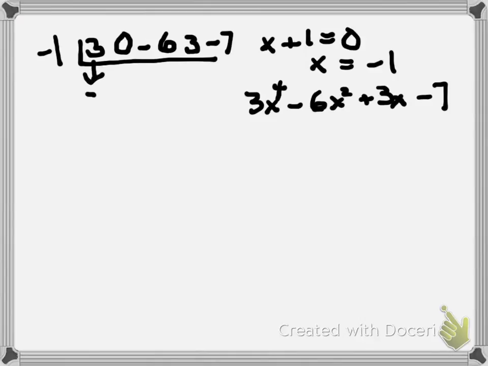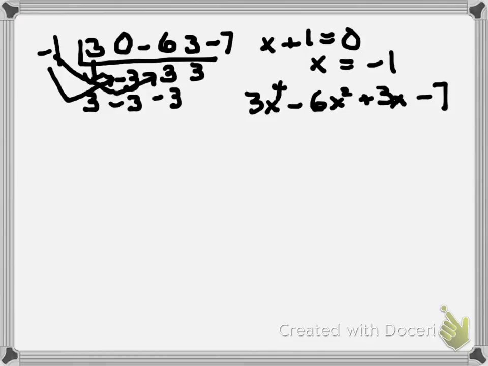Bring down the 3. Negative 1 times 3 is negative 3. 0 and negative 3 is negative 3. Negative 1 times negative 3 is positive 3. Negative 6 plus 3 is negative 3. Negative 1 times negative 3 is positive 3. 3 plus 3 is 6.